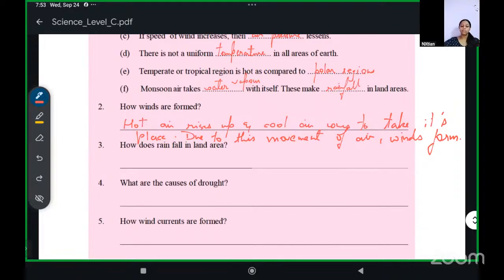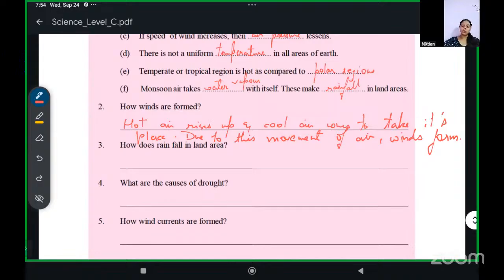Ma'am, so there's evaporation, cooling and condensation, precipitation. I got it, Emma. Water cycle is responsible for rainfall. Yes, the water cycle is responsible for rainfall.